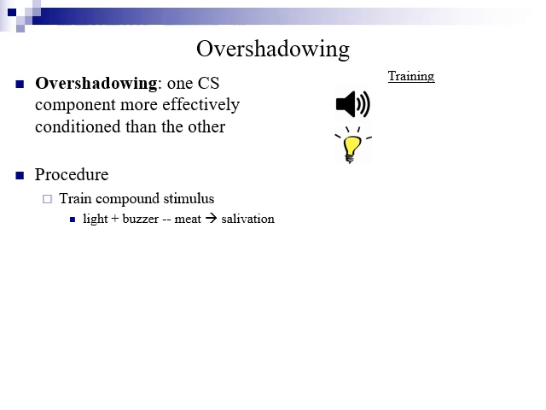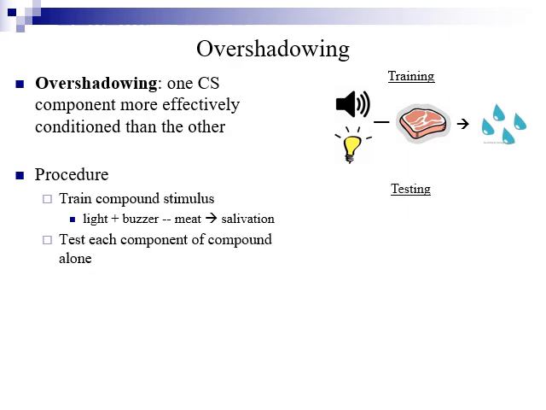Right. These things are turning on together, turning off together, and followed by an unconditioned stimulus, say meat. Right. And then the meat, being an unconditioned stimulus, elicits salivation.